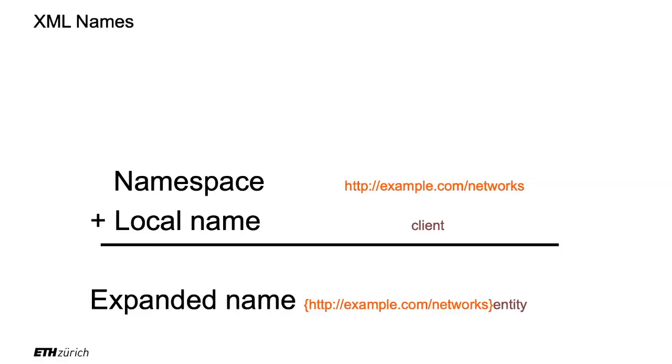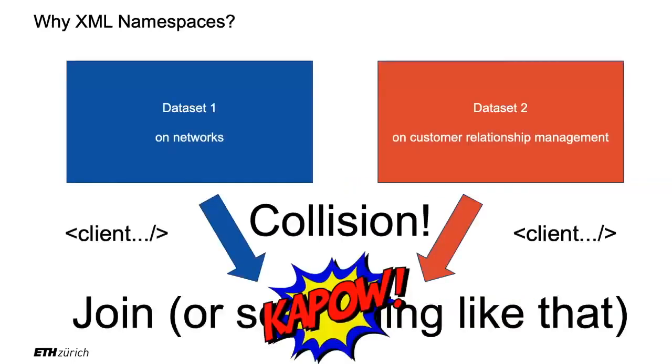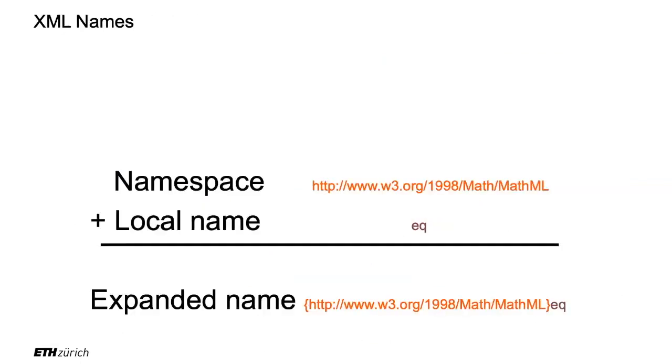It's just like in Java, you have ch.ethz blah, blah, blah for the package names based on the domain. Here, they just more explicitly use a URL, right? Okay, so this is an example of a mathematics library that's called MathML. Actually, it exists. And in that case, there's an element called EQ for equals. You compare two numbers.